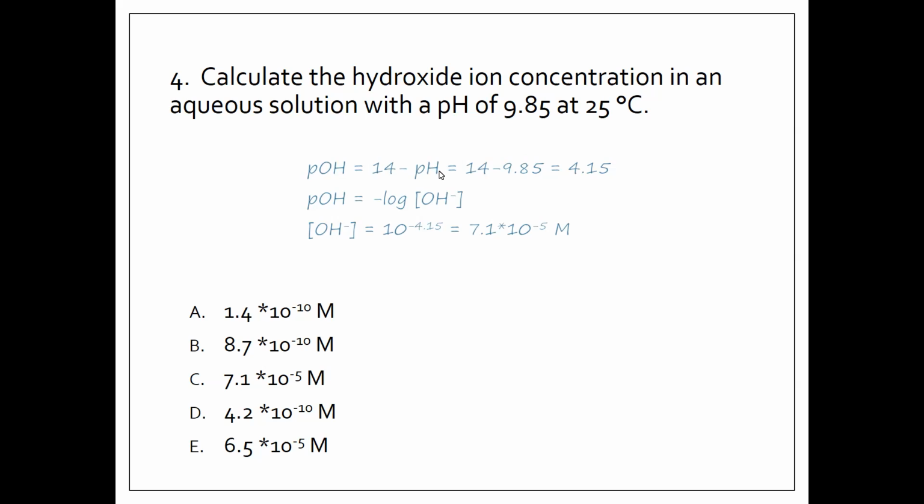So 14 minus the pH can be my pOH, that's 4.15. And pOH is the negative log of the hydroxide concentration. To get the hydroxide value, I'm going to get 10 raised to the negative pOH. And so this is how I'm getting 7.1 times 10 to the minus 5th. This is how I'm getting C for that answer.